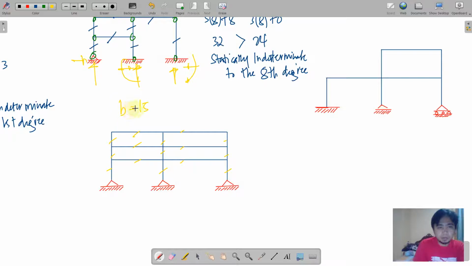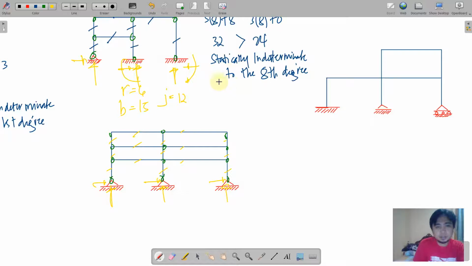Bars should be equal to 15. And then the reaction, we have 2 each of these hinges, so we have 6 there. And then for the joints, 1, 2, 3, 4, 5, 6, 7, 8, 9, 10, 11, 12. So we have 12 joints here.